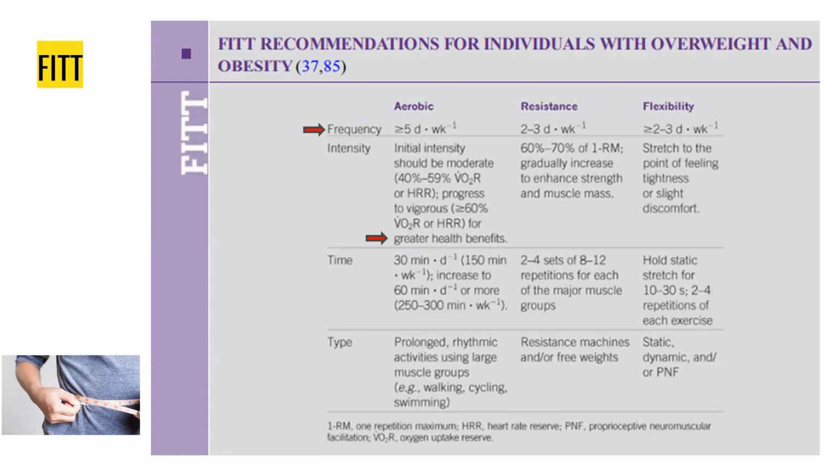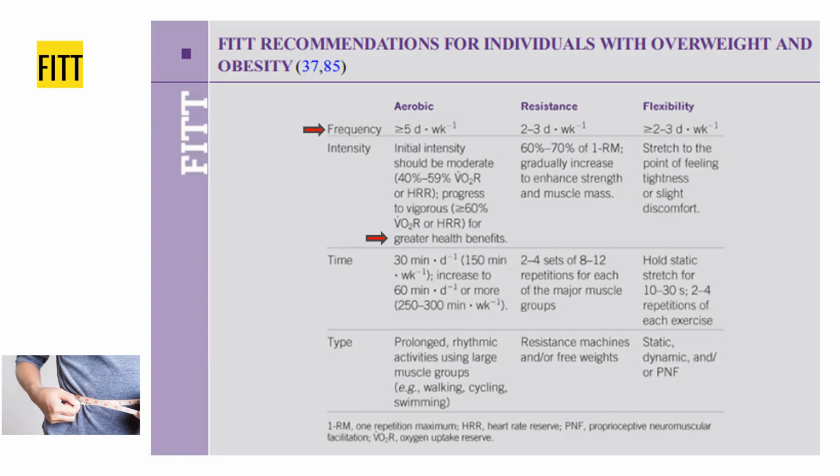Time, 30 minutes per day or increase to 60 minutes per day or more. And again, this could be that programmed training, that exercise, and also minimizing sedentary activities like physical activity. And type, prolonged rhythmic activities using large muscle groups.